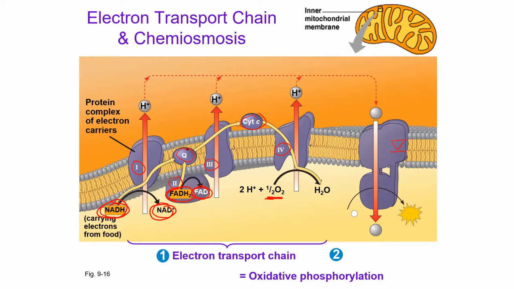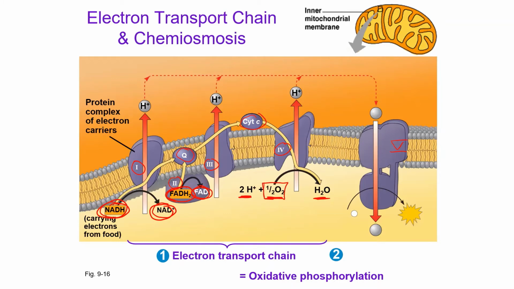And so you can see what happens. We get 2 electrons, and we get a couple of protons, and eventually we get water. So oxygen is gaining electrons, so that means it gets reduced. And so oxygen is our final electron acceptor, or our terminal electron acceptor.